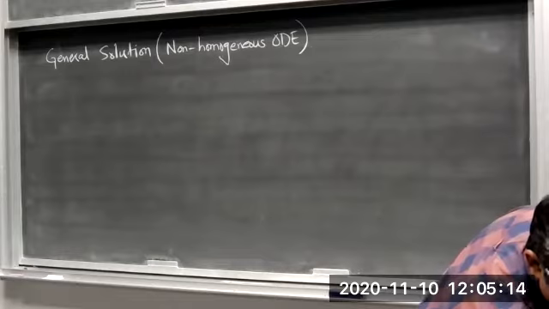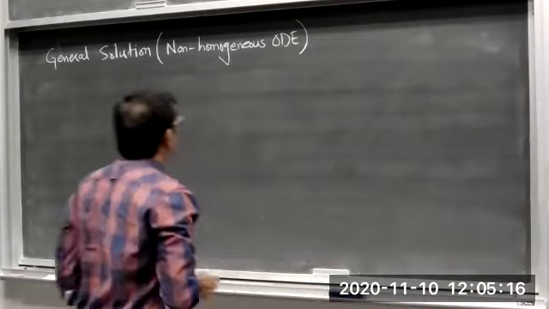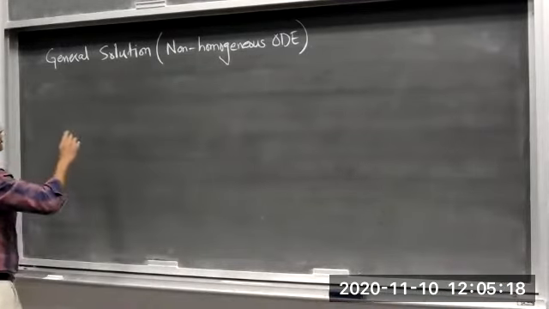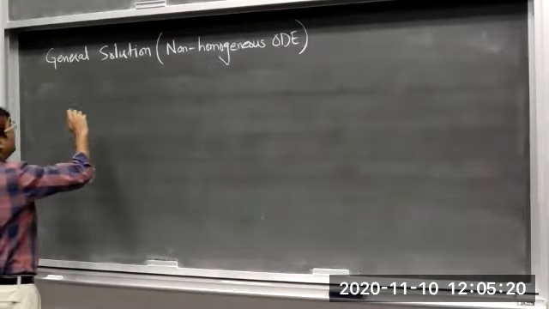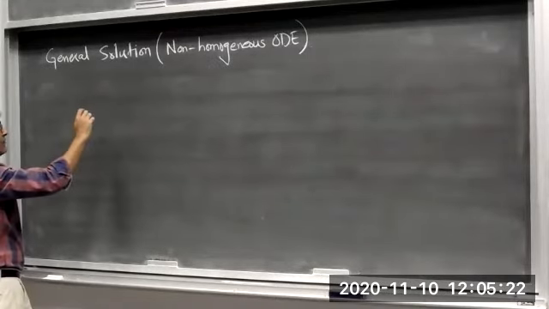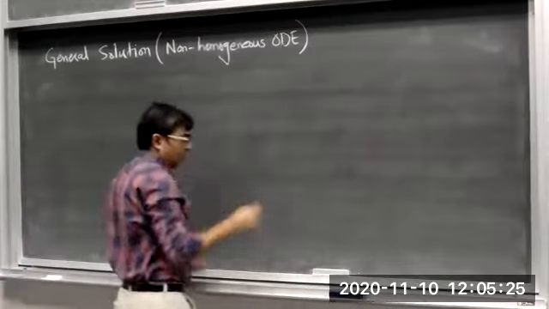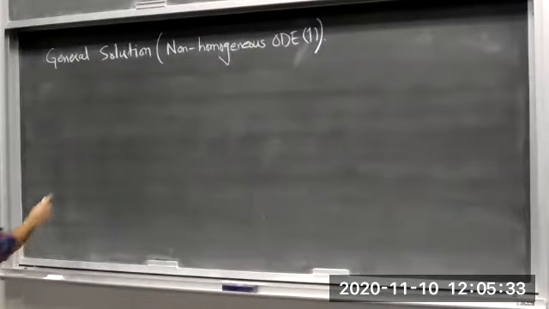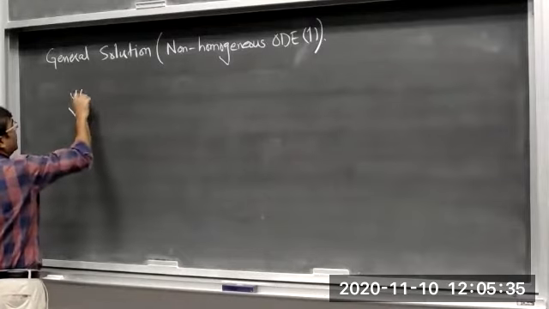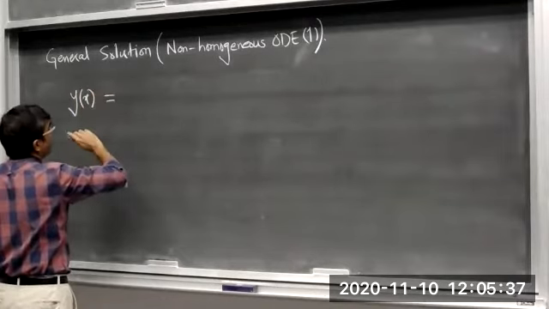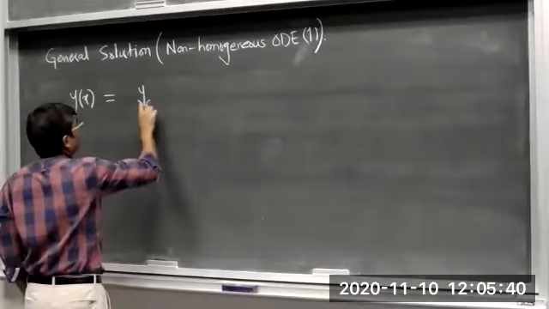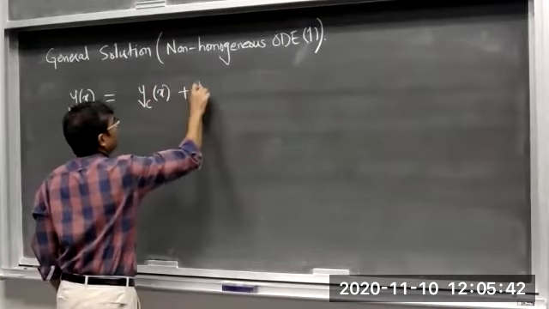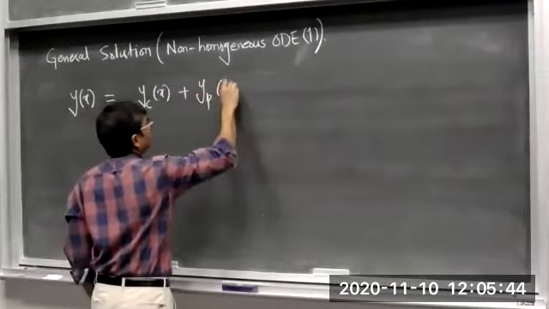So the general solution of the ODE 1, which we wrote previously on the board, is what? It is the sum of yc of x plus yp of x.